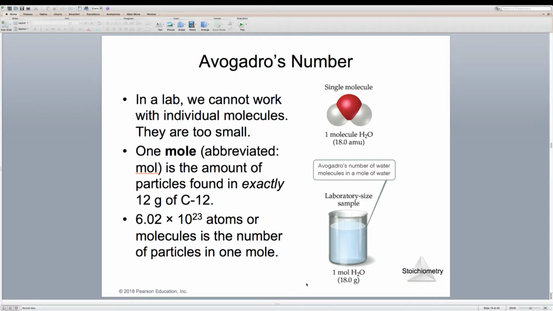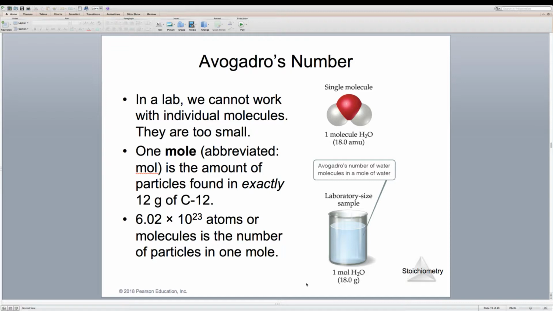So why is Avogadro's number important? Avogadro's number was developed by somebody named Avogadro, and they kind of told him that he didn't know what he was talking about. But he was working with gas molecules at the time. But the atom is so very small that individual molecules and individual atoms are really tough to work with.